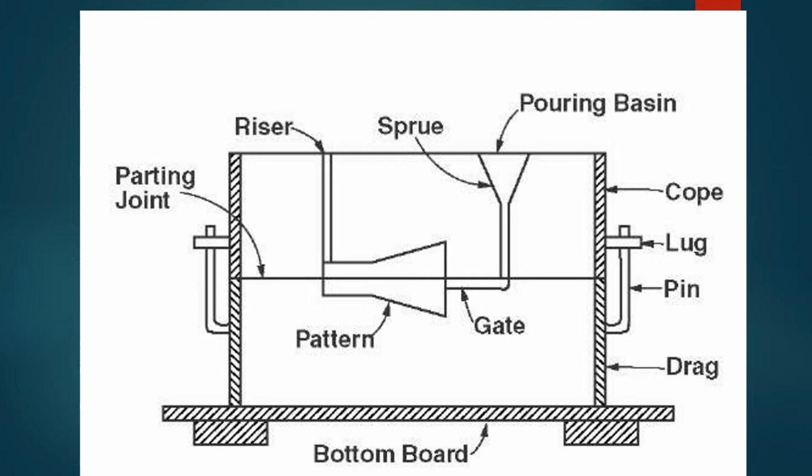The gating system will be discussed later. Through this gate the molten metal goes and comes into the pattern. Here the riser is used to compensate the solidification sinkage. This riser basically compensates the liquid sinkage. And the other parts, the cope, drag and lug pin, are all used.